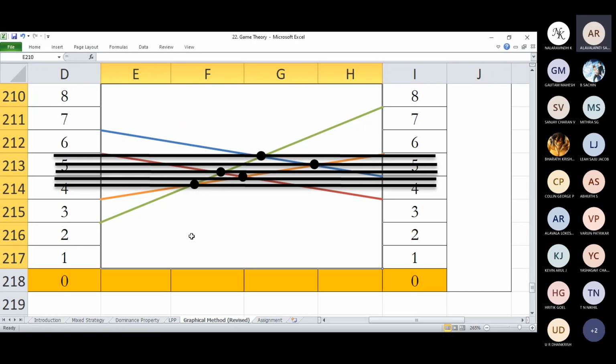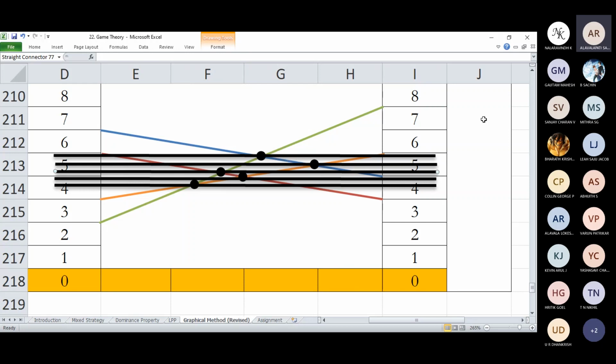In this case, this is probably towards the 0, right? Something like that. And this points towards 0, and this something like that.